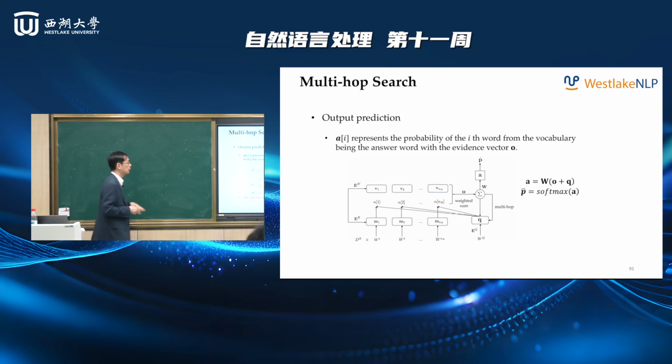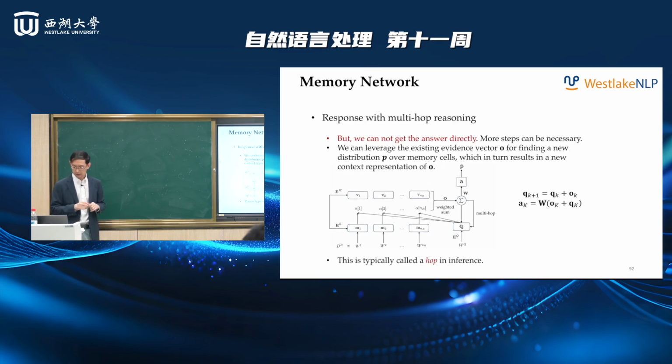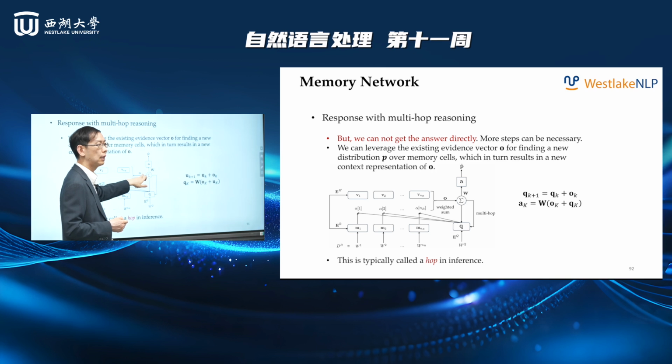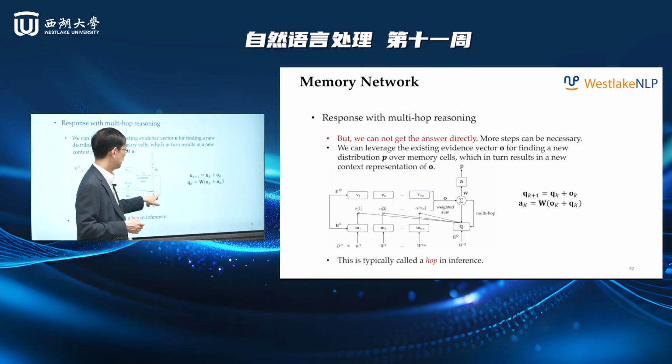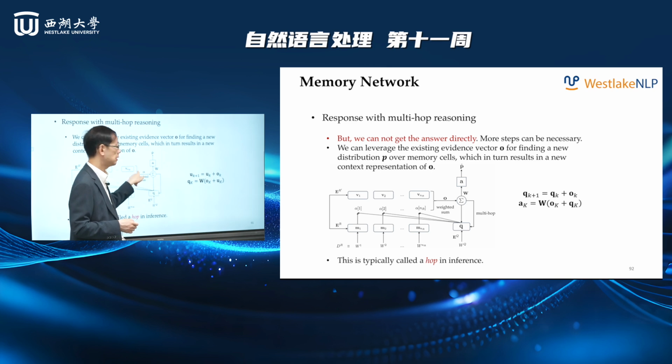And then I can do the second hop. The second hop is I use the current evidence vector, maybe John left the milk, to add to the original query vector. Where is the milk? This is John left the milk. Of course, this is a weighted sum.